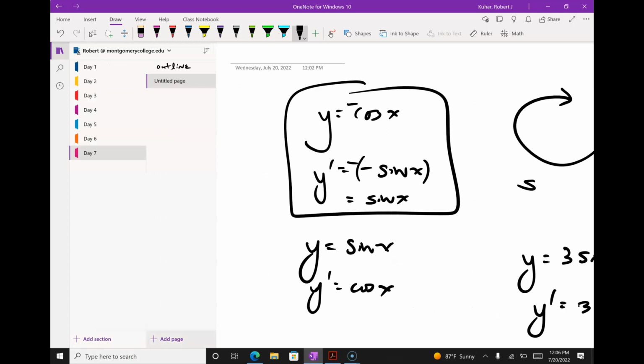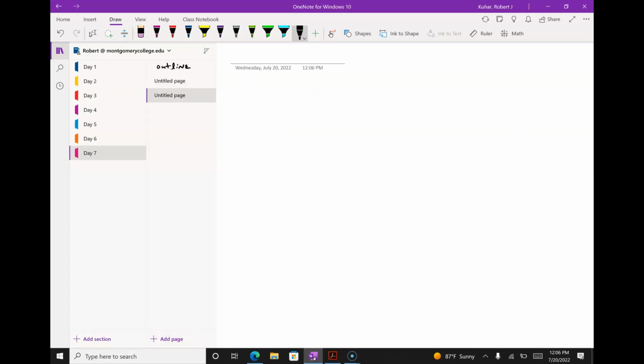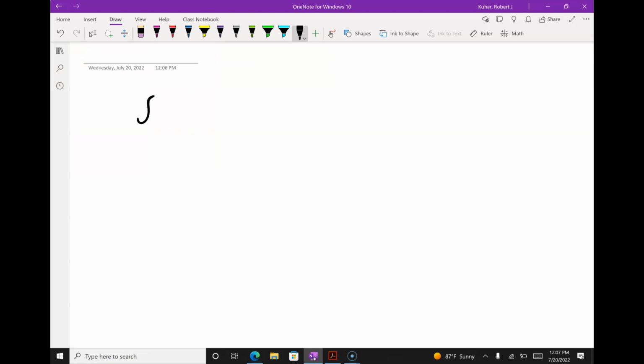All right, so let's talk about L'Hopital's rule again. Let me remind you, and I asked you to do this, that if f of x is square root of x, we know f prime of x is what?